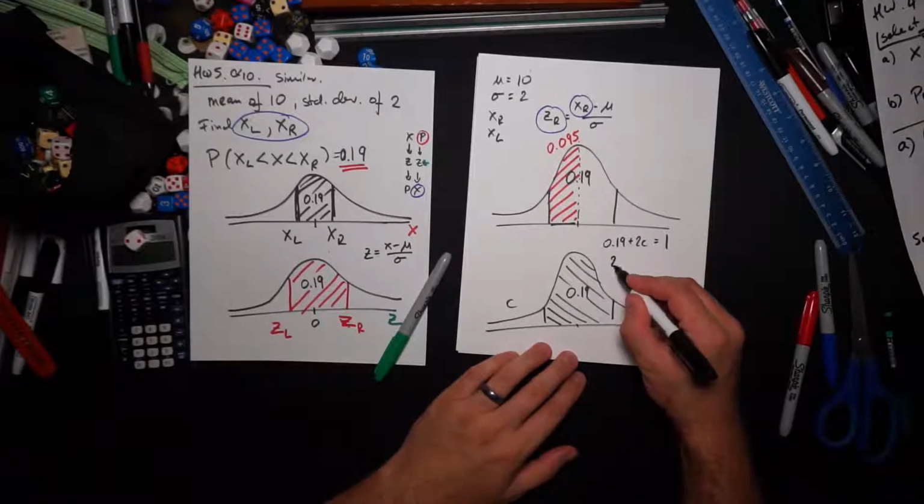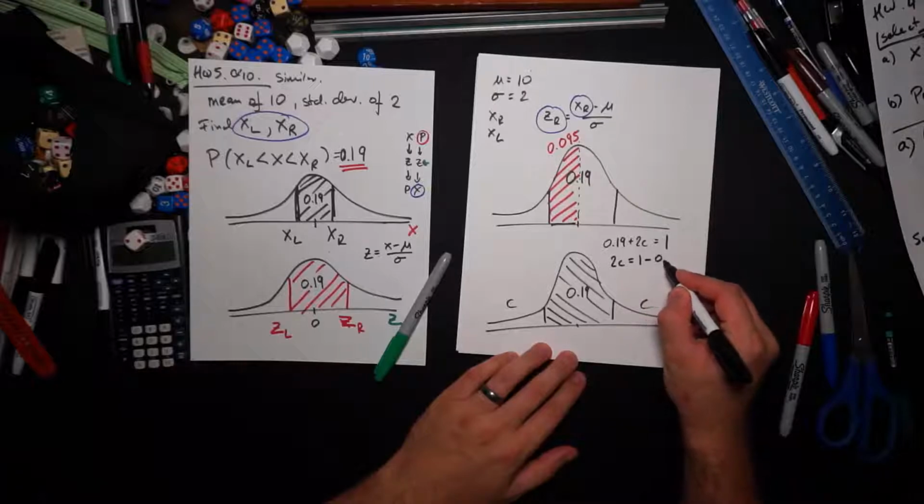So how much is C? Well, it's 1 minus 0.19.